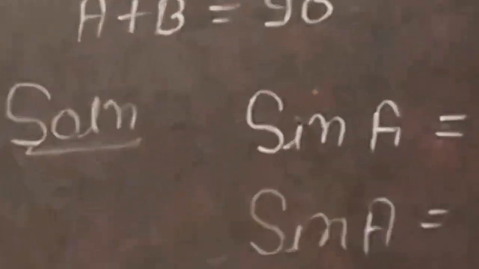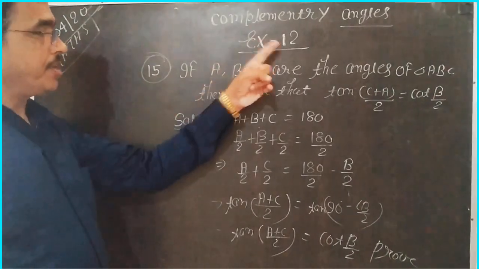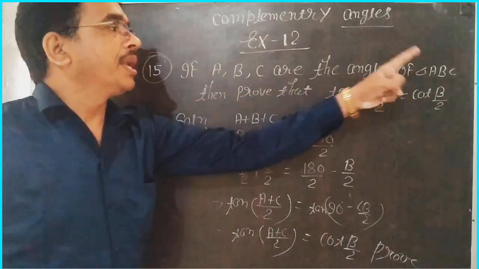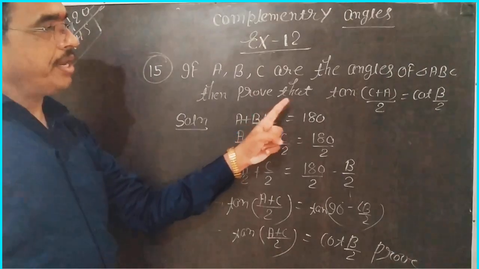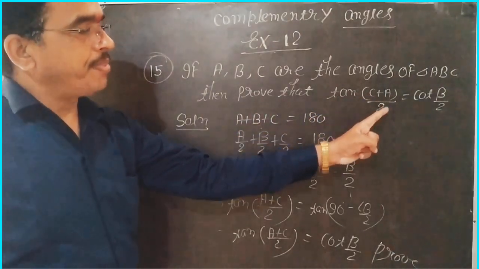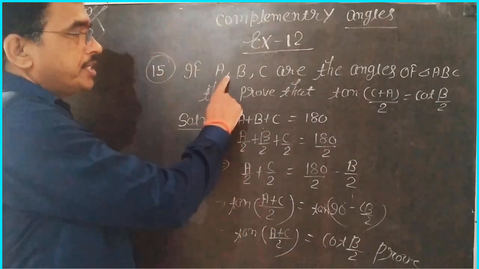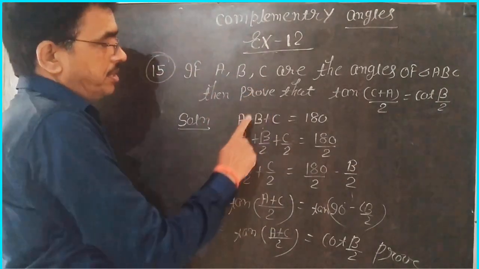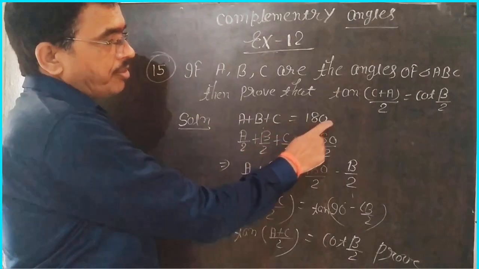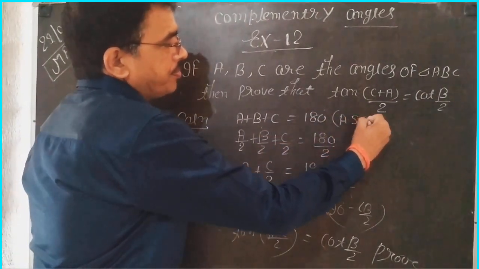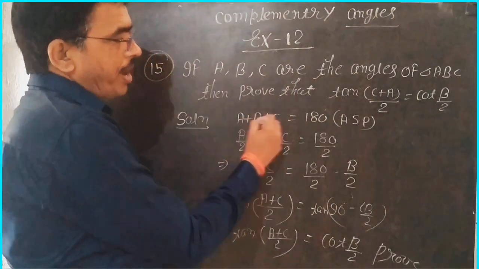Number 15, exercise 12. If A, B, C are the angles of triangle ABC, then prove that tan (A plus C) by 2 is equal to cot B by 2. Here is a triangle and these are the angles. So A plus B plus C is equal to 180 degree by angle sum property. Now divide by 2 both sides.